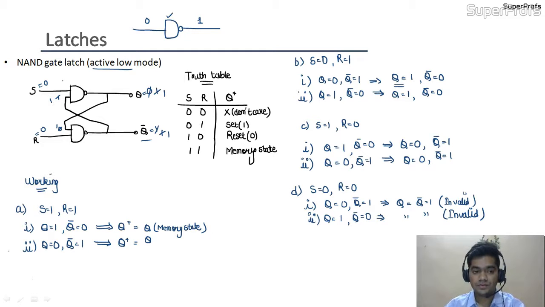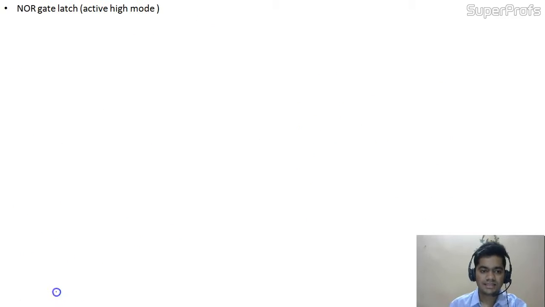I hope students you have understood the NAND gate latch very clearly, because the next latches would be on the same principle. So let us study the NOR gate latch, or we can say active high mode. So why we are saying this as active high mode? Because on giving an input active high, we are always getting an output 0.